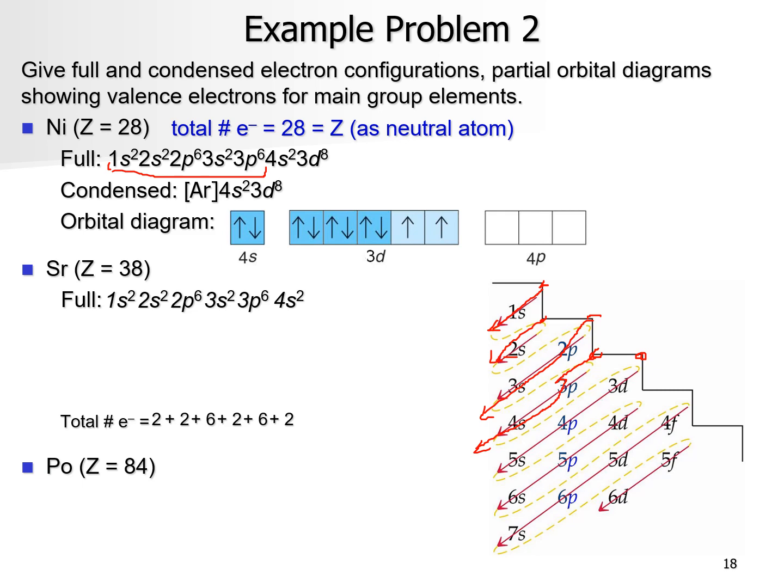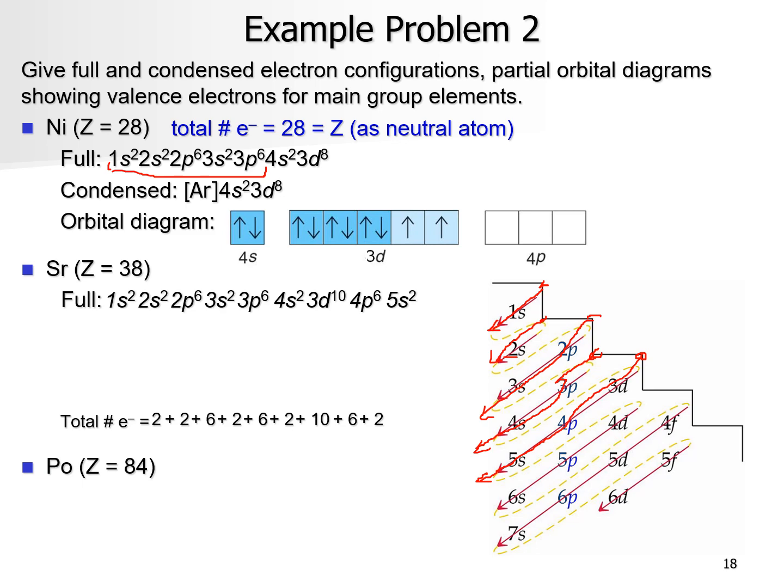As we go back again, that is going to be 3d, 4p, and 5s. 3d10, that's 10 electrons. 4p6, that's 6 electrons. And 5s2, that's 2 electrons.